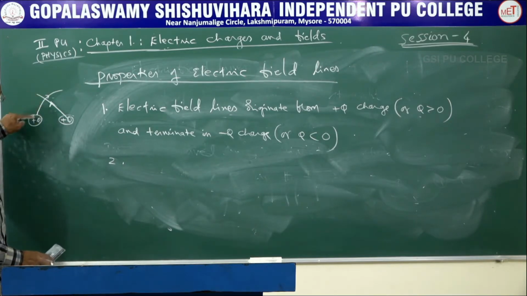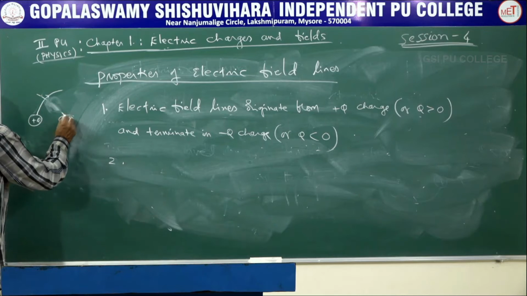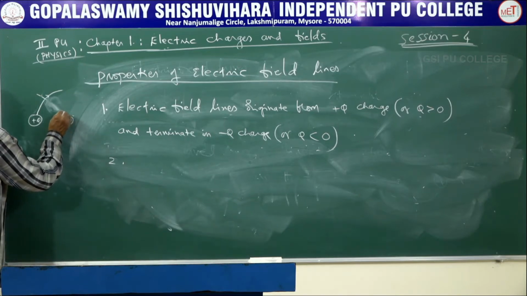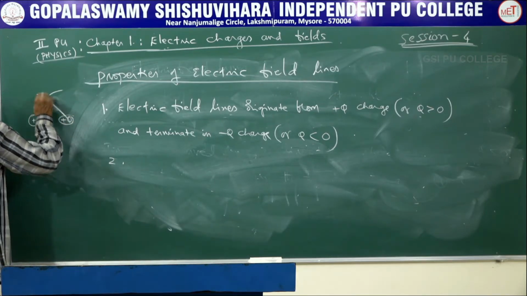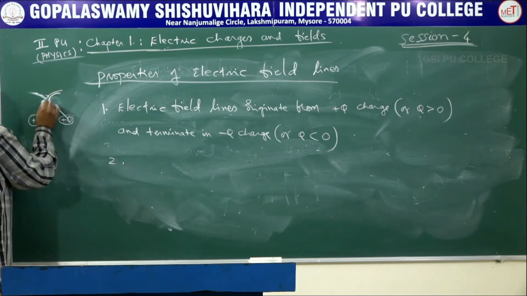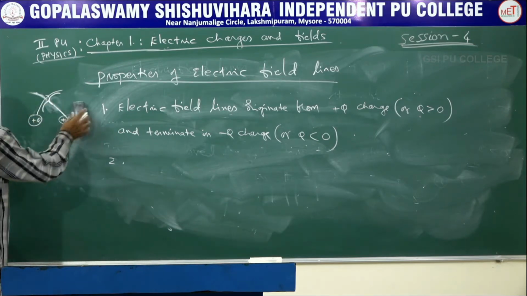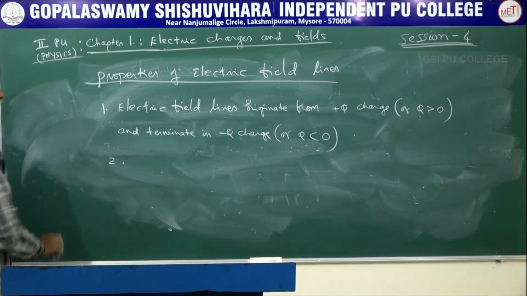If the plus Q charge produces electric field lines along this direction, it may go up to this, but it never crosses. It can just take a turn. It should move along this direction or along this direction. It cannot intercept. This is the important property of electric field lines.